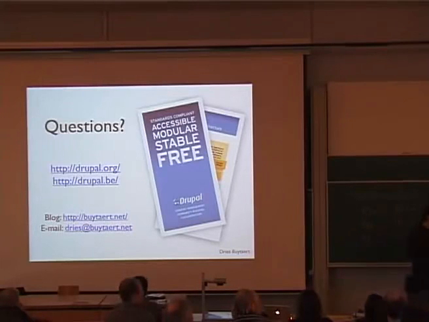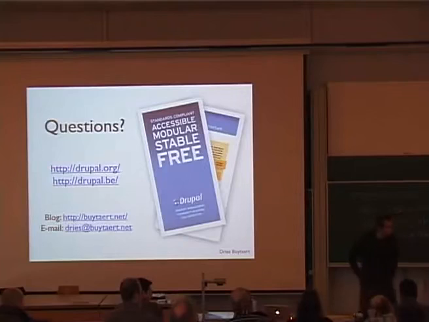Question? Yeah. Is there any reason for a new installation that we should not install 5, that we should install 4.7 instead? So the question is, is there any reason to install 4.7 instead of Drupal 5? So Drupal 5 is a lot easier to use. It will also be faster, typically, than Drupal 4.